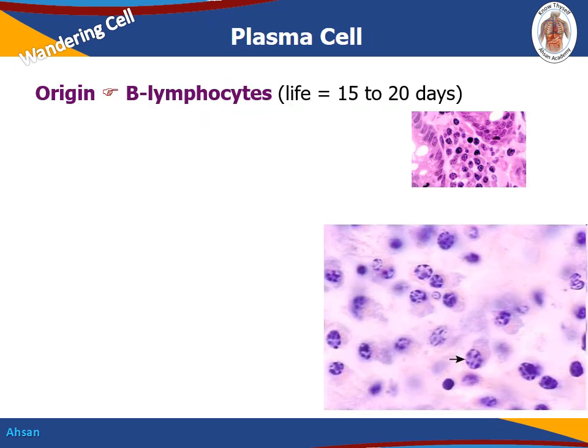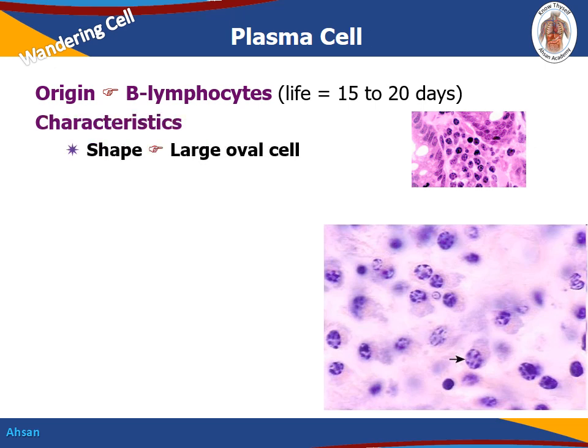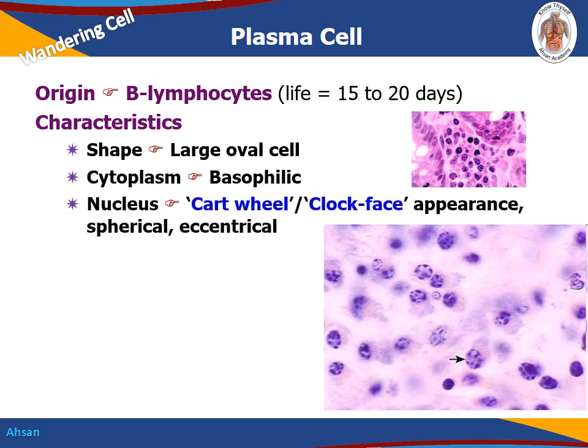The plasma cell originates from the B lymphocytes. When B lymphocytes are stimulated, they convert into plasma cells and die within 3 weeks. So 15 to 20 days is the lifespan of the cell when the B lymphocyte is converted into a plasma cell. They are characterized by an oval shaped cell. The cytoplasm is basophilic, and the most important feature is the nuclear feature.